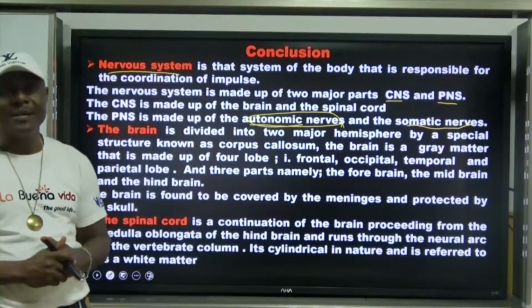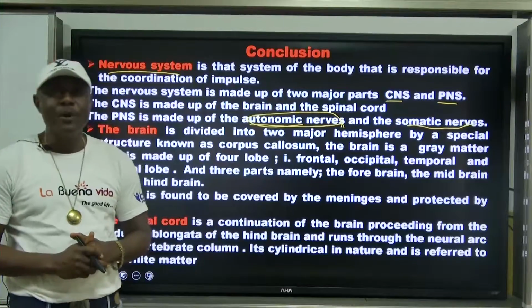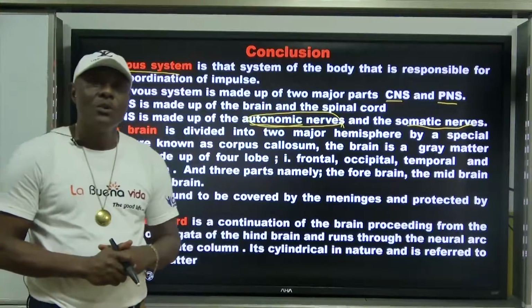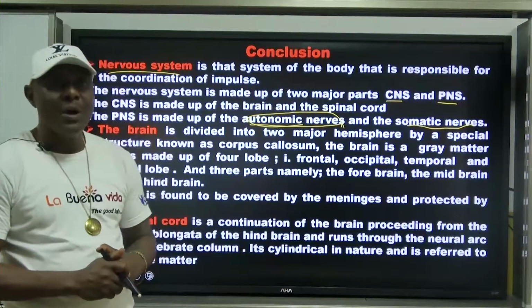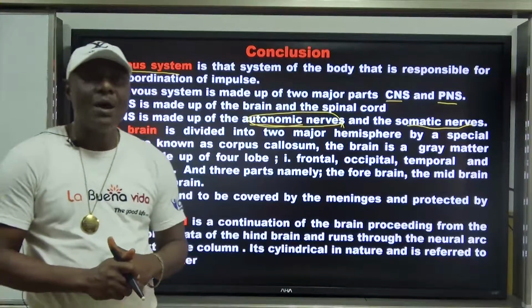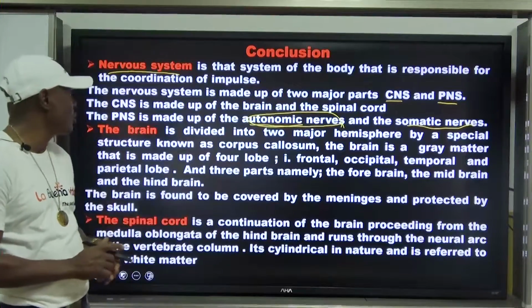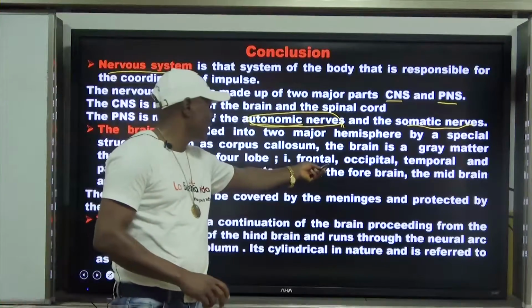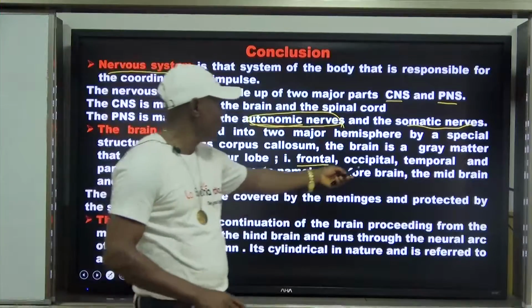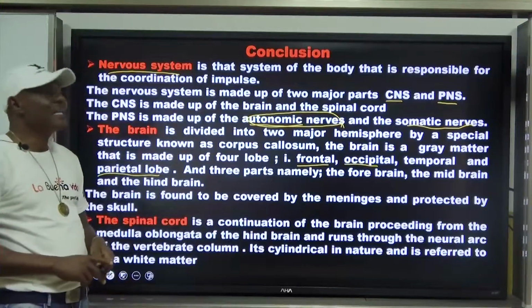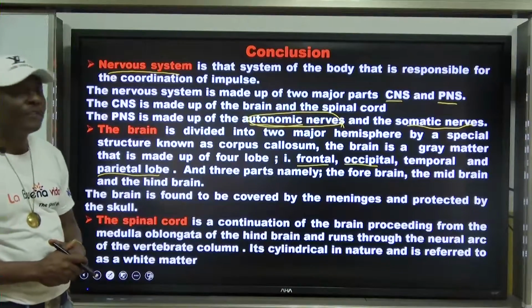So the brain is made up of 4 major lobes: the frontal lobe, the parietal lobe, the occipital lobe, and the temporal lobe. These are the 4 major lobes of the brain.